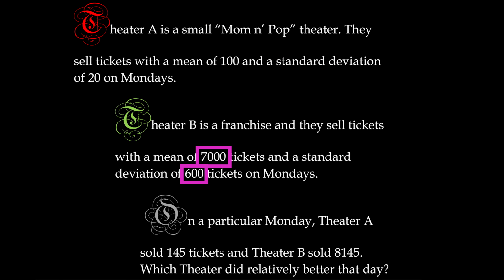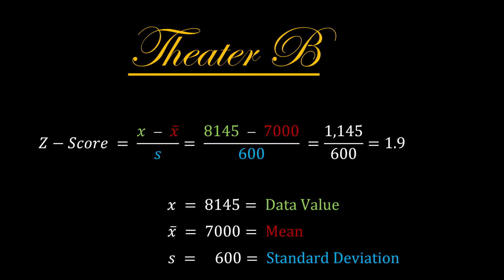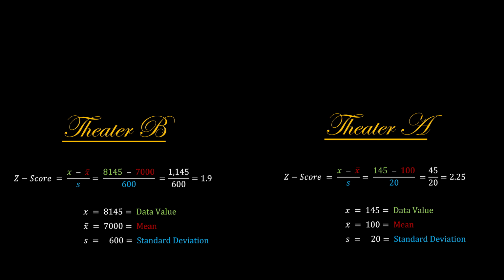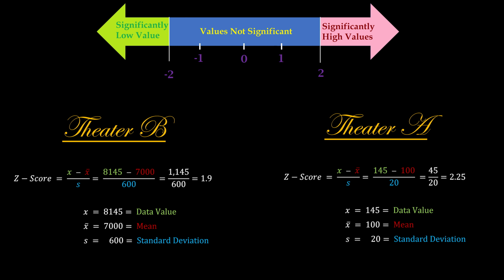We do the same for Theater B. And now we can compare who did better. Since Theater A's z-score is larger, it has outperformed Theater B.